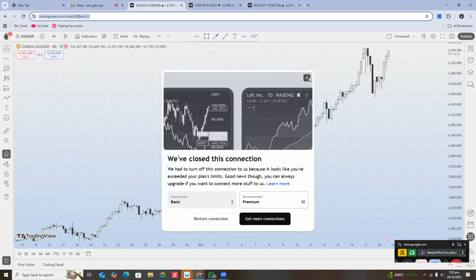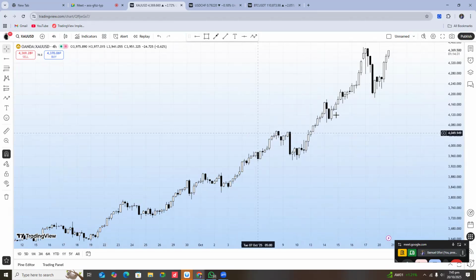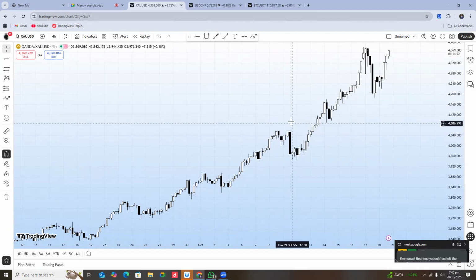This also has this one, oh, it's gone. But then we marked higher highs and higher lows. So this is also a clear uptrend. You understand? That is what we are going to use to tell the trend of the market, and not just the picture we are seeing on the screen, because if you zoom wrongly, you will see a different thing. That's the point I want to make.